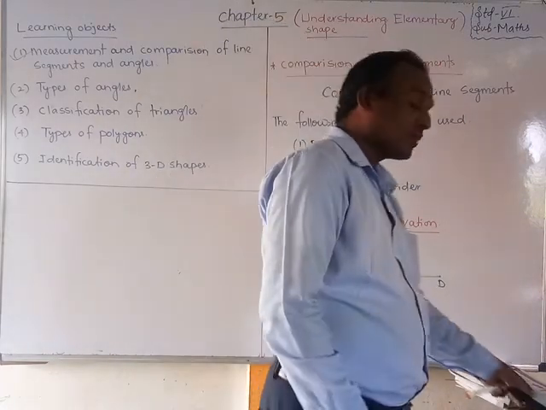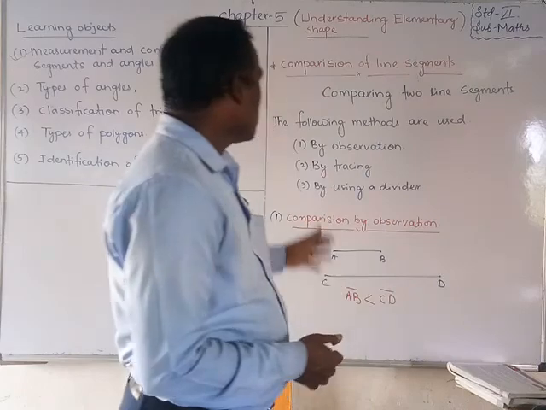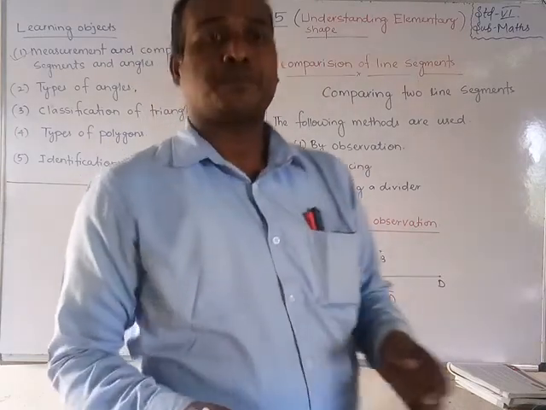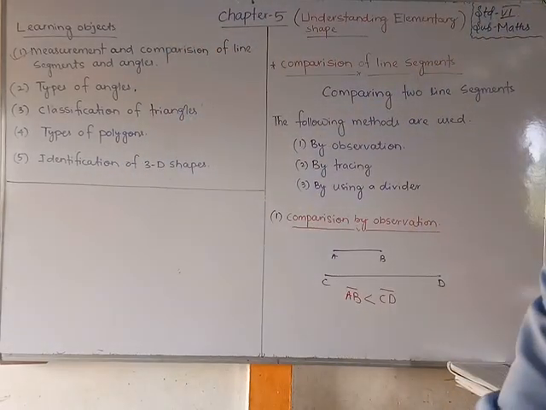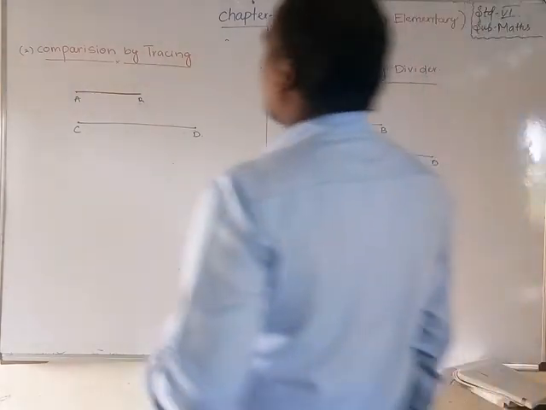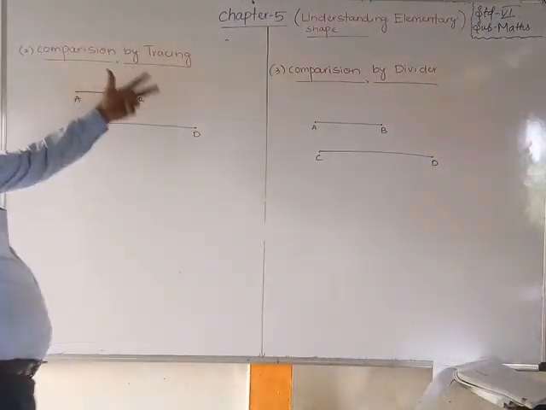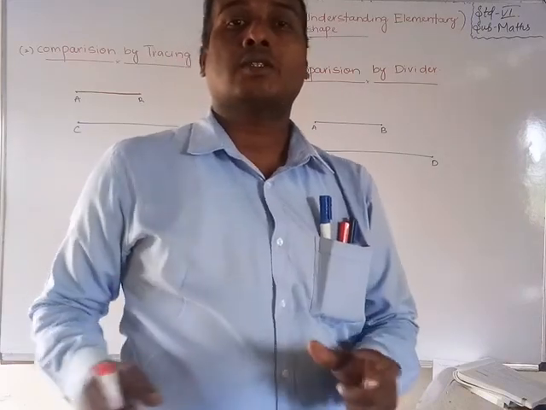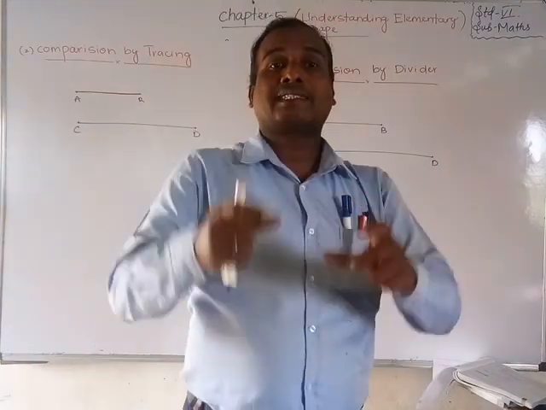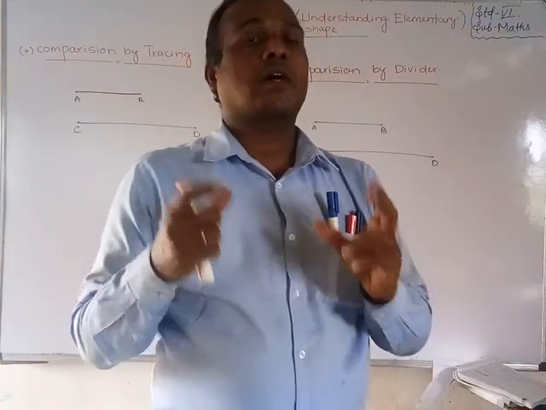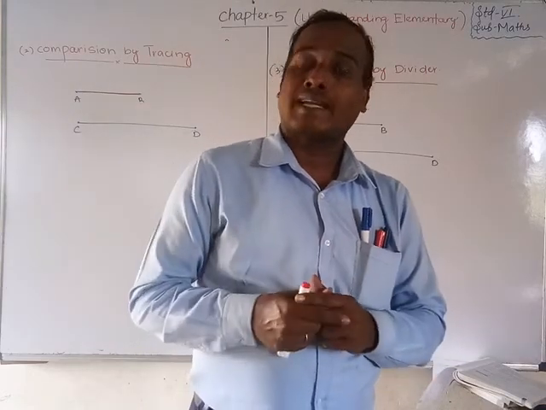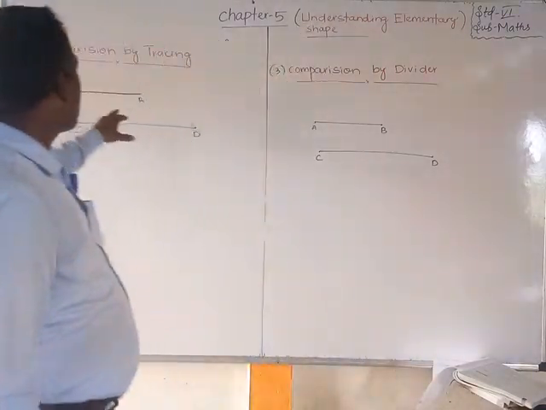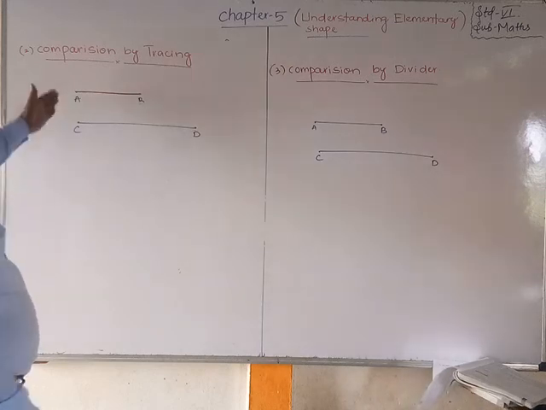Next we will discuss the tracing method. Okay friends, now you see comparison by tracing. How can we compare two line segments by tracing? The same thing: AB is one line segment, CD is another line segment.